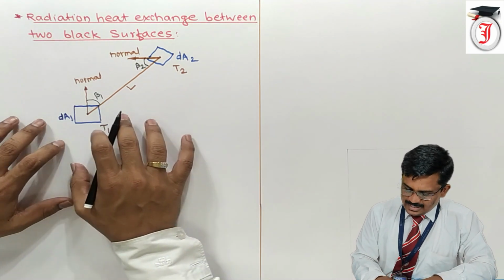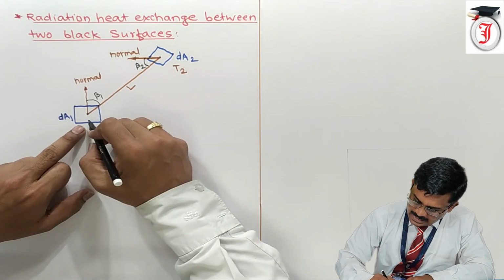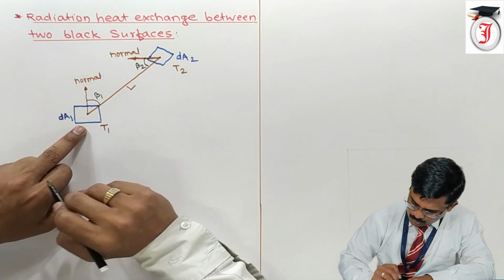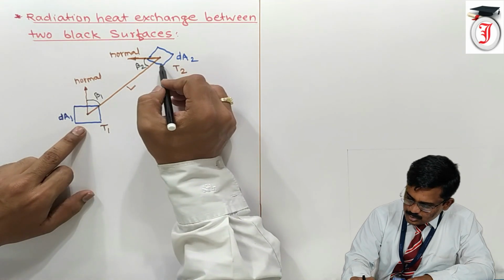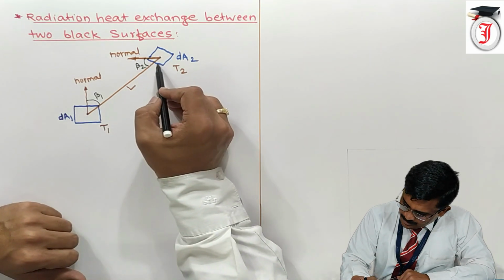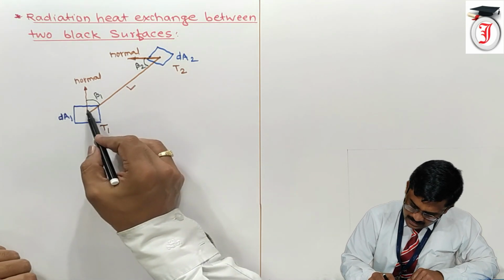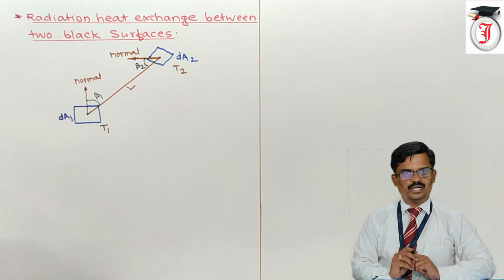Now radiation heat exchange takes place means whatever heat is emitted by this surface in the direction of dA2 is absorbed by dA2, as well as the radiation emitted by dA2 in the direction of dA1 is absorbed by dA1.